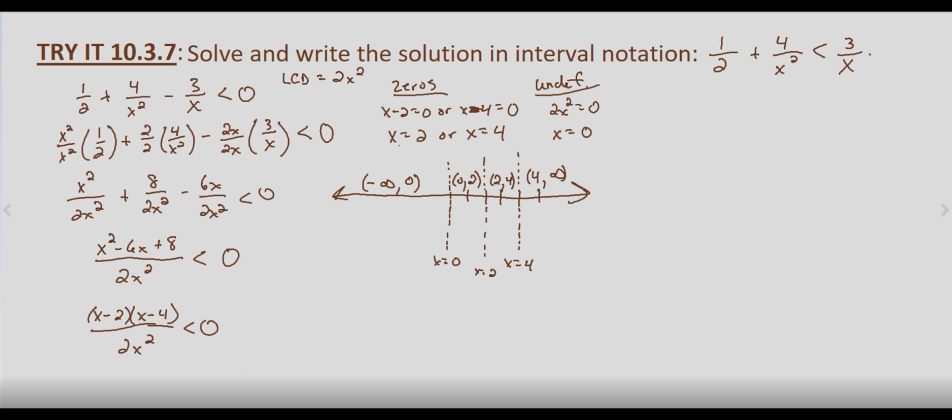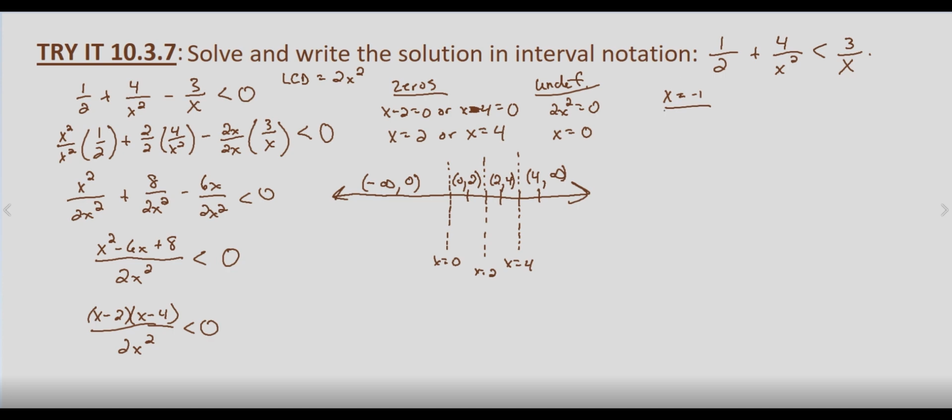So from negative infinity to 0, I will test x equals negative 1. With this method, we can use what we originally started with, or we can use what we found. I'll go ahead and use what we found, since we can just label the intervals that way. Then you could use the other method as a check if you wanted to.